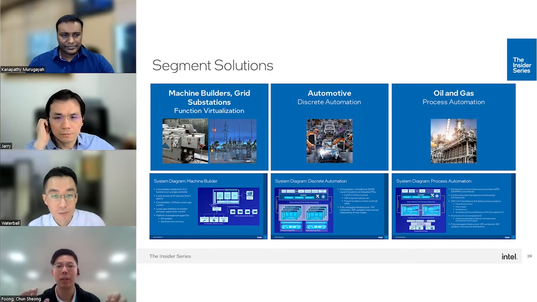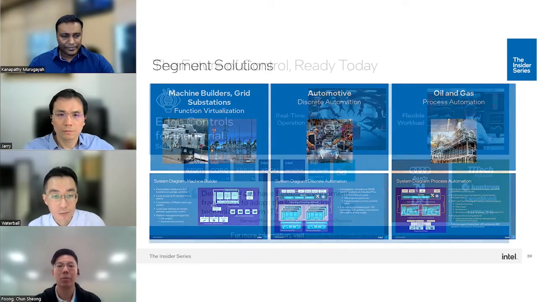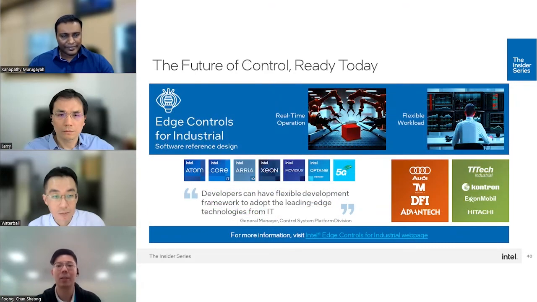With all these different applications and industries, you can take the building blocks of Edge Controls for Industrial and configure them to meet the needs of your applications. So the future of control is ready today. If you'd like to get more information on Edge Controls for Industrial, feel free to download it at the Intel Edge Software Hub or log on to intel.com to understand more. I'll pass it back to Ghana for the last spot that we have.